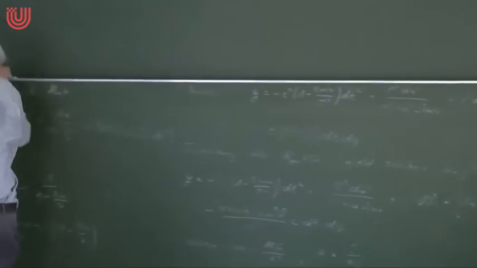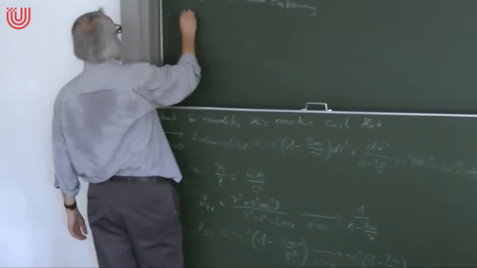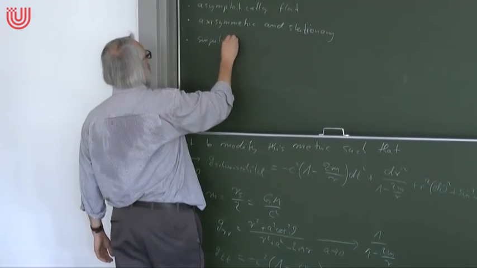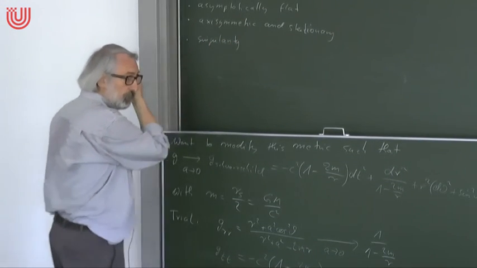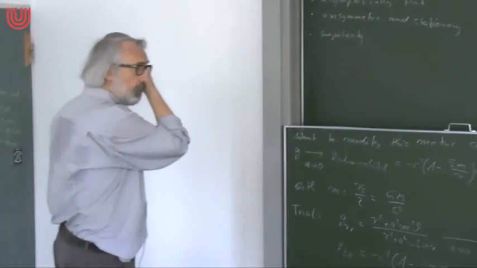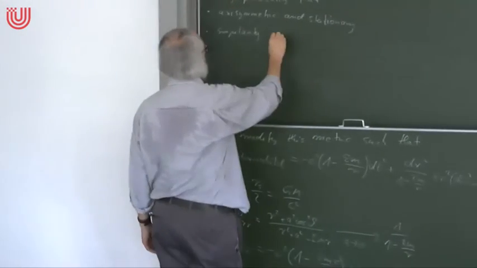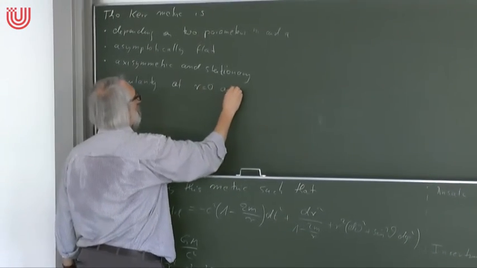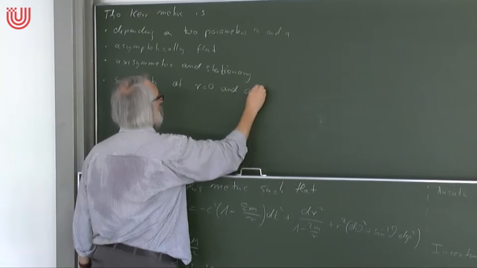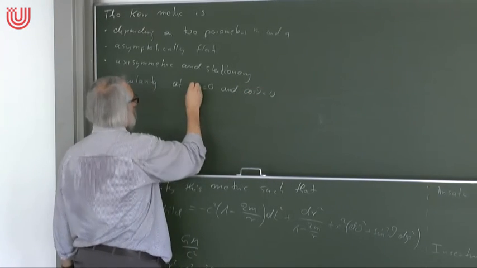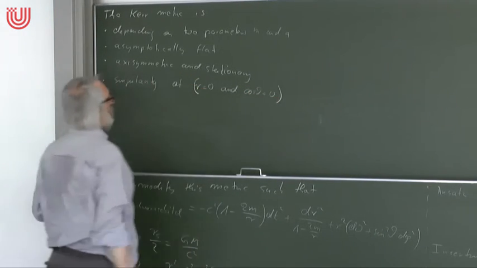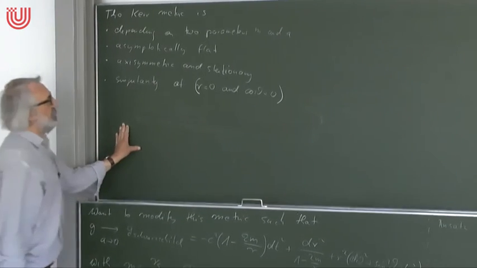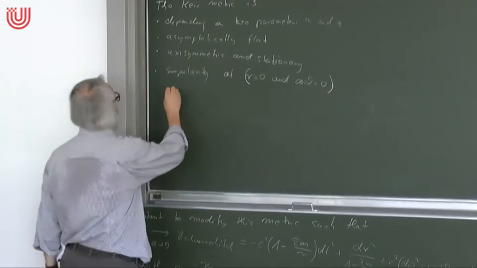So we have this singularity, and actually it turns out to be a true curvature singularity as in the Schwarzschild case, not everywhere at r equals 0, but at r equals 0 and cosine theta equals 0. So at points where both conditions are satisfied simultaneously. And that's a ring singularity.